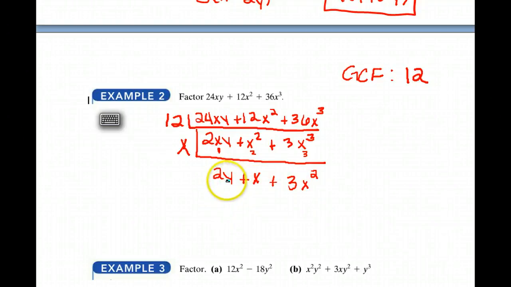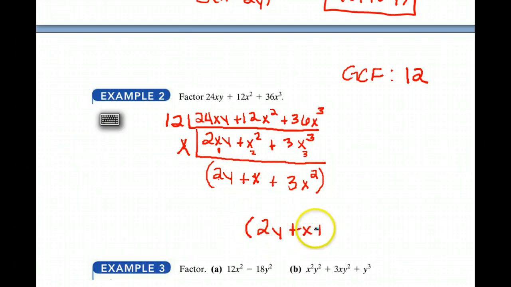And we already established that there's nothing that I could factor out of a 2, a 1, and a 3. So that means that the expression underneath my upside down division bar is the final main expression there. So we're going to go ahead and put that inside the parentheses.